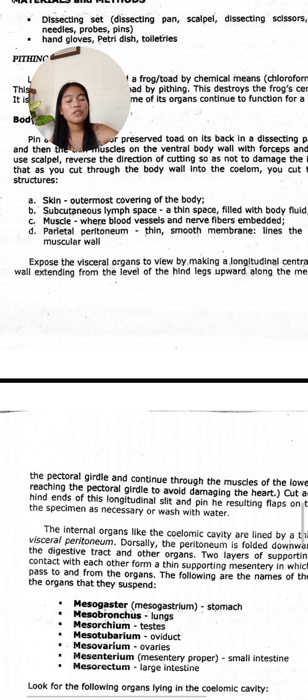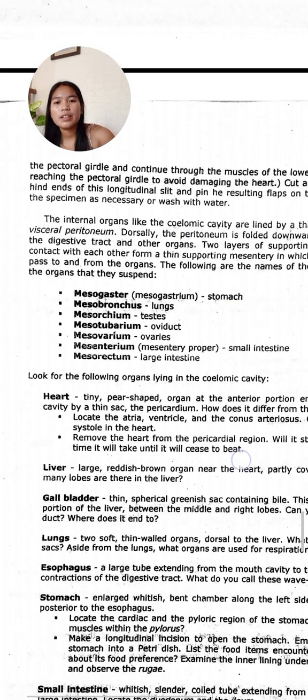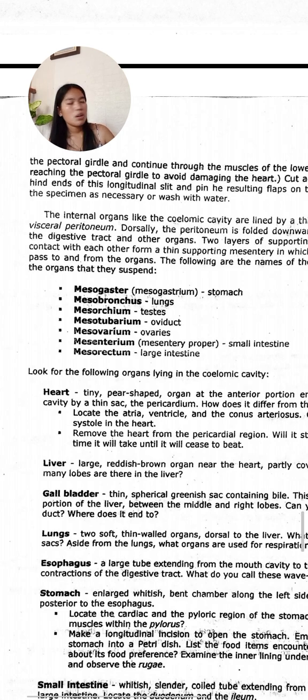It is the layer of tissue that underlies the skin. The terms originate from subcutaneous in Latin and hypoderm in Greek, both of which mean beneath the skin, as it is the deepest layer, the rest being above the fascia. So next is the mesogaster.